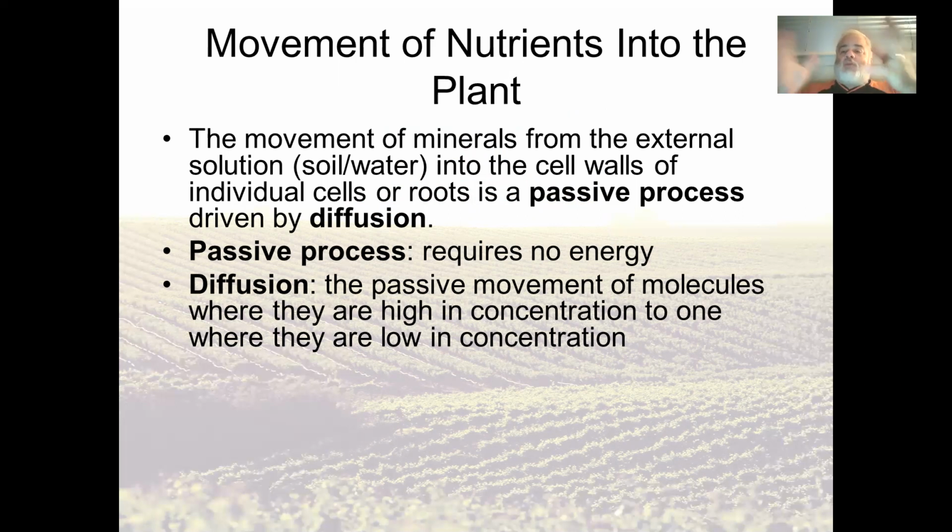So as water moves into the roots, the nutrient elements that are dissolved in it are going to move by diffusion with the water and enter into the roots. No energy is required. Diffusion is just the passive process of things moving from higher concentration to lower concentration.